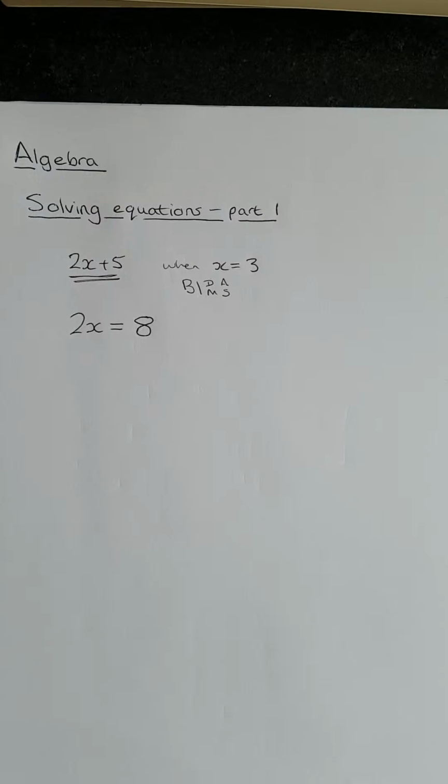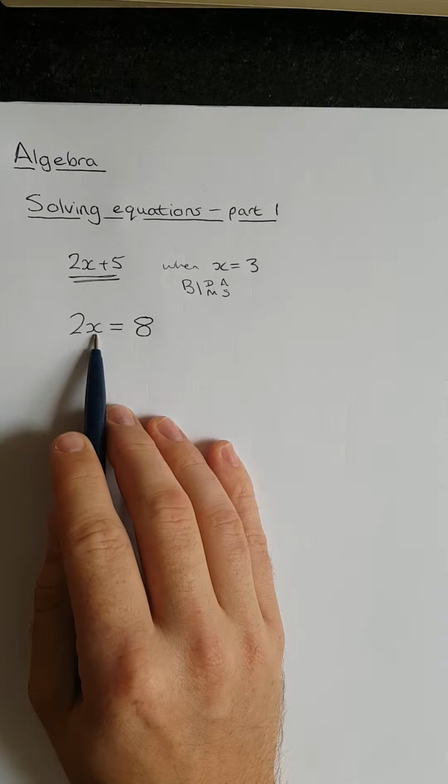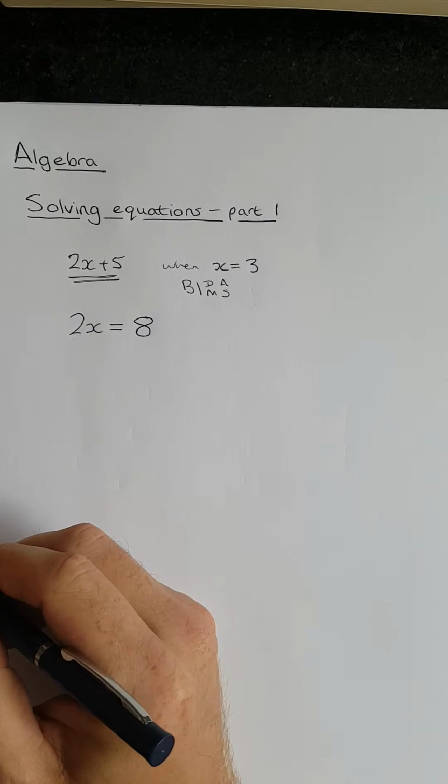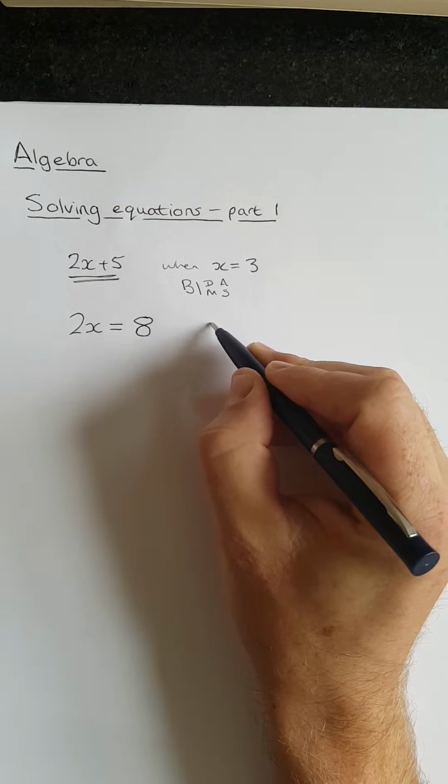Well, only one step has been done so far, which is a good thing. x has been multiplied by 2. So, I need to inverse this step, or reverse this step, in order to find the value of x.